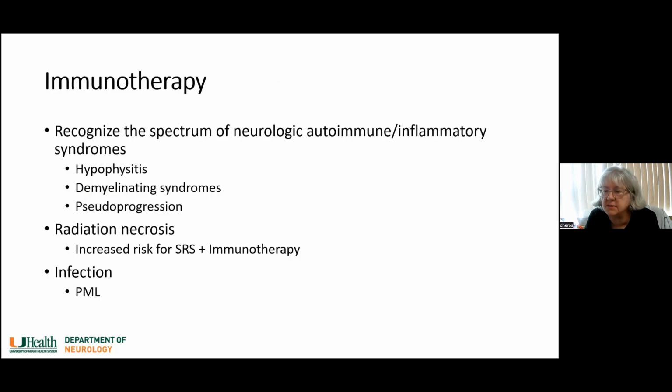Immunotherapy is playing a large role, but it's also important to recognize the spectrum of neurologic consequences of immunotherapy. And the second case that was presented at Neuropath this morning was extremely interesting in a woman who had breast cancer, and the comment was made that she had immunotherapy.